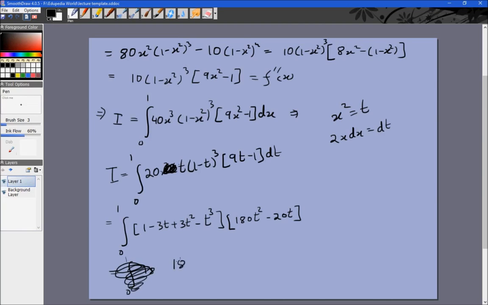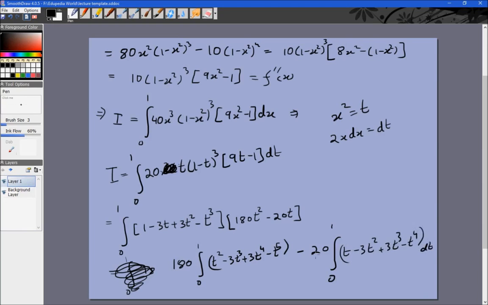So it's 180 times the integral from 0 to 1 of (t squared minus 3t cubed plus 3t to the power 4 minus t to the power 5) minus 20 times the integral from 0 to 1 of (t minus 3t squared plus 3t cubed minus t to the power 4), dt of course on both sides.